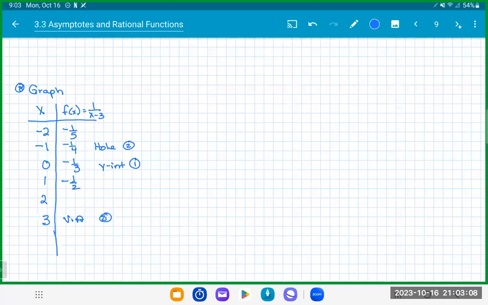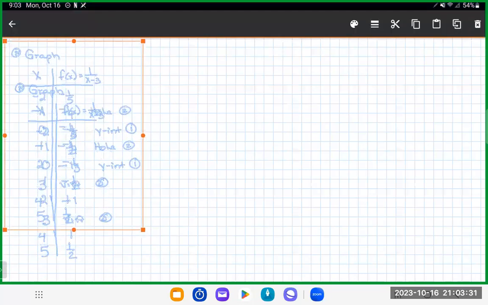When I plug a 2 in there, I get a value of -1. And let's do a couple of points on the other side of that asymptote to help get the shape of that graph. When I plug a 4 in there, I'll get 1. And when I plug 5, I get 1/2. Okay. So now we have some points that we can plot.